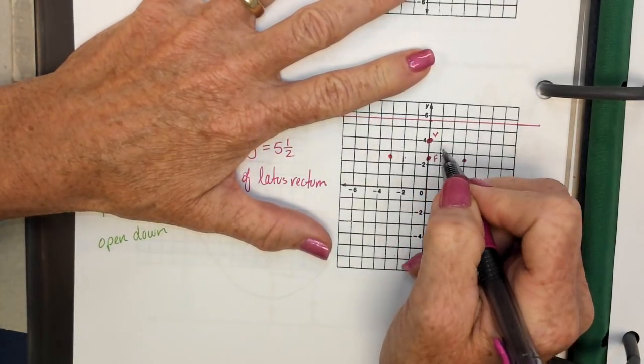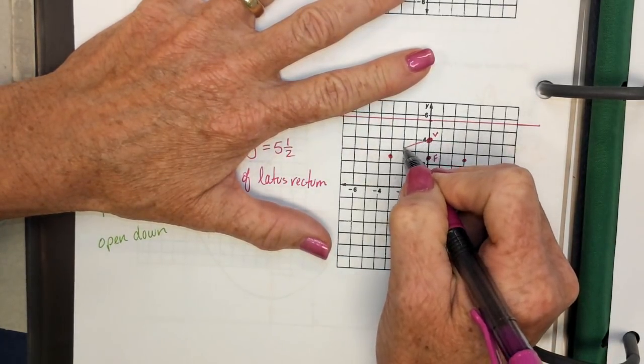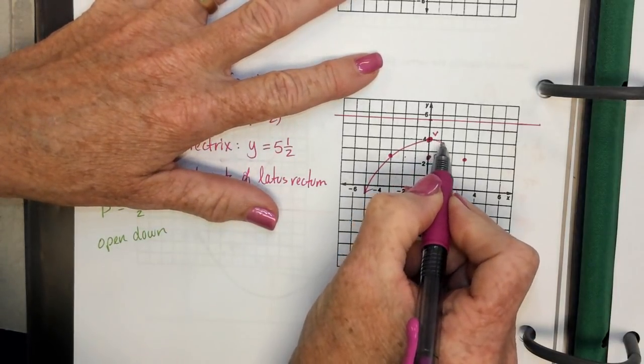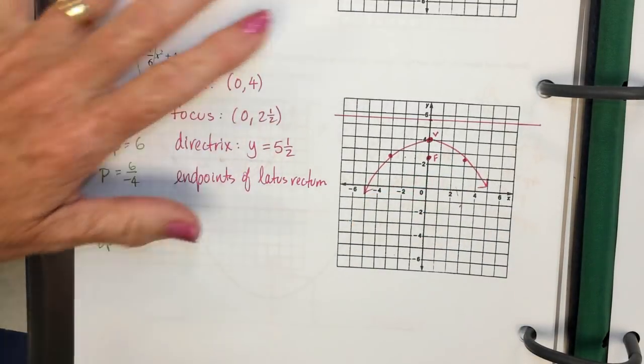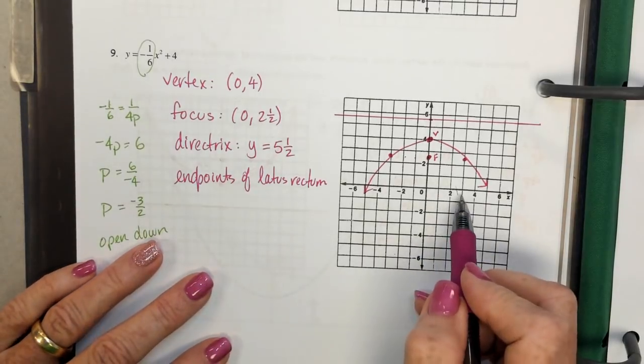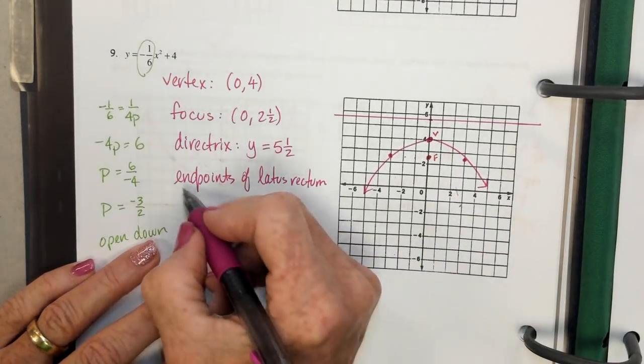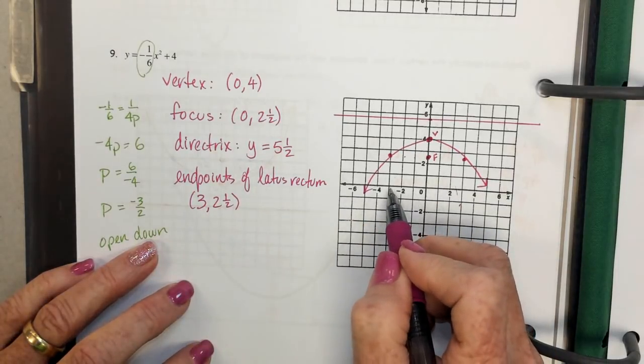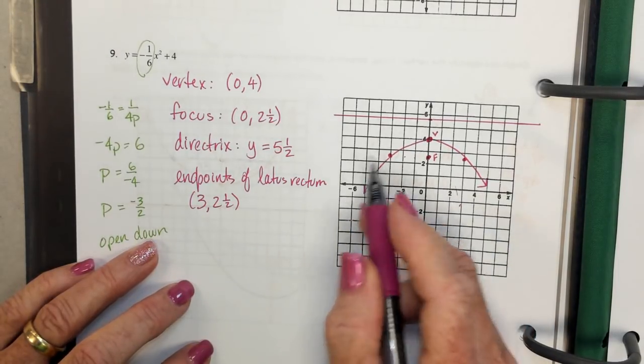And that tells us again how wide to go. And there we go. Let's see, this one is at (3, 2.5) and this one is at (-3, 2.5).